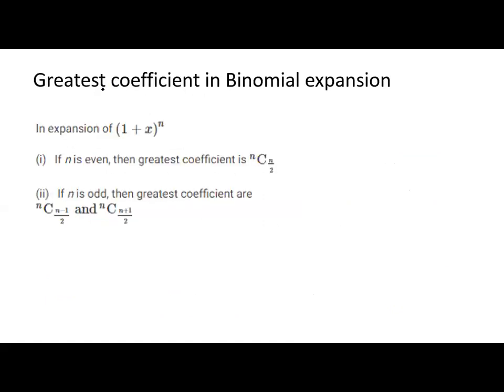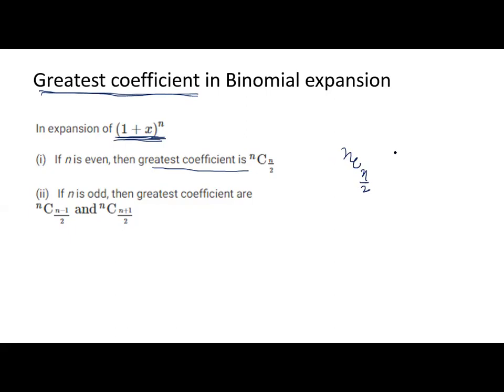Now, the greatest coefficient of a binomial expansion. This is a very common question in entrance examinations. I'm taking the example 1 plus x to the power n, because most of the time the question is asked in terms of 1 plus x to the power n. When n is even, the greatest coefficient is n combination n divided by 2.